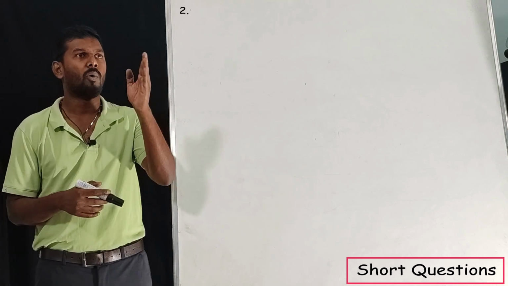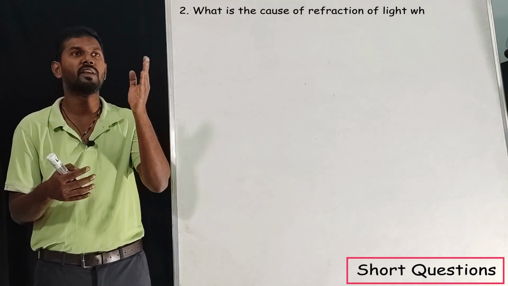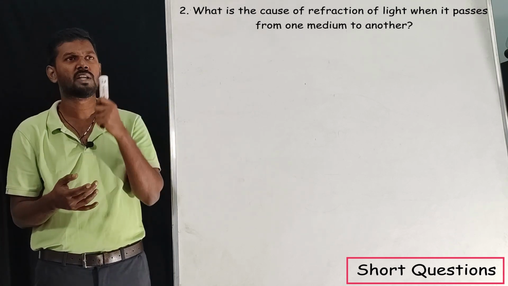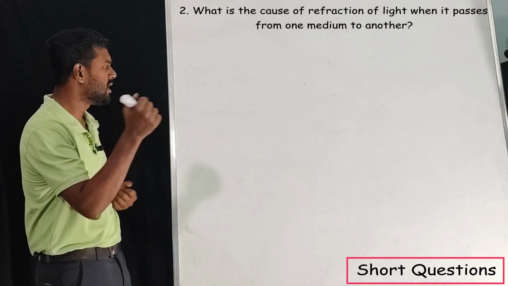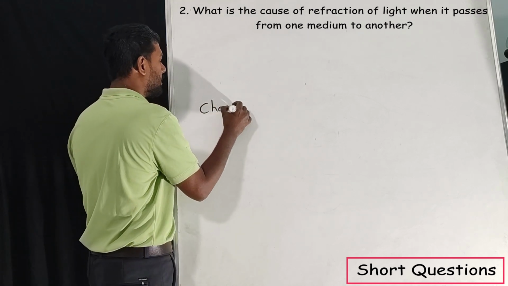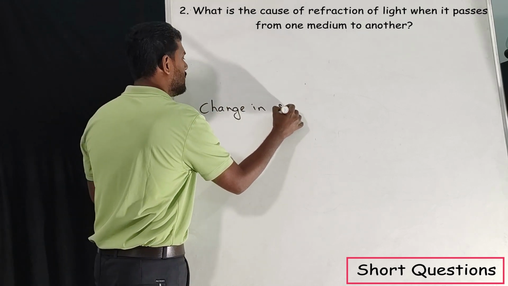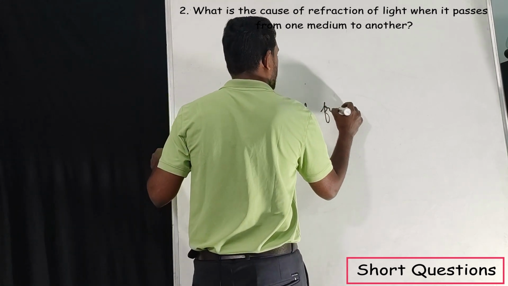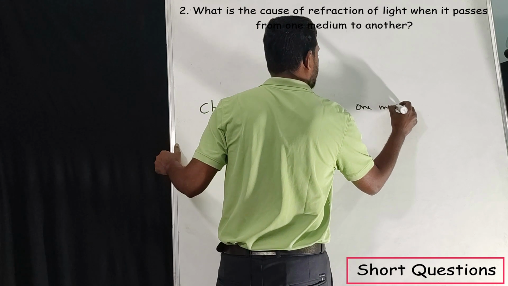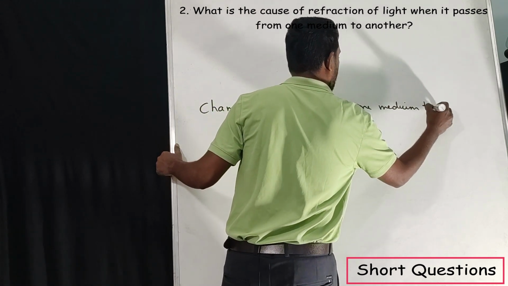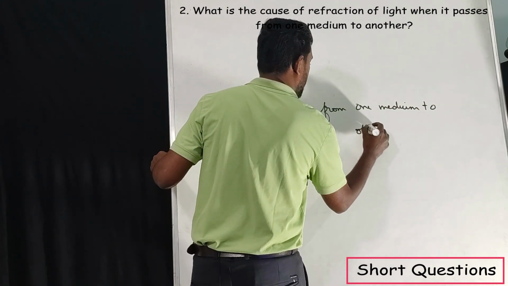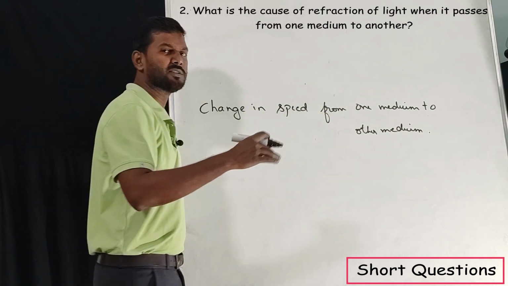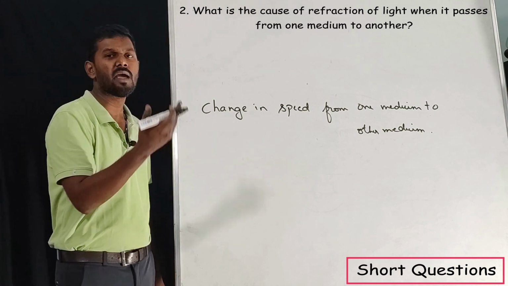Our next question: what is the cause of refraction of light when it passes from one medium to another? See, what is the cause of refraction? That is what they are asking. Very simple answer: change in speed from one medium to another medium. Because there is a change in speed, there will be refraction.